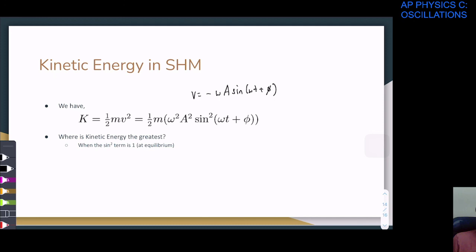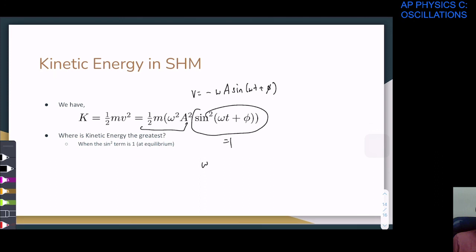Now the question is, when is this kinetic energy the greatest? Well, of course, it's when this sine quantity here is equal to 1, right? That's when we just get this coefficient. That's when we have the greatest kinetic energy. So if this was an AP question, you would just say, it's when the sine quantity is equal to 1. So what does that mean?